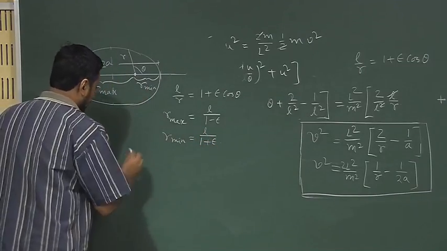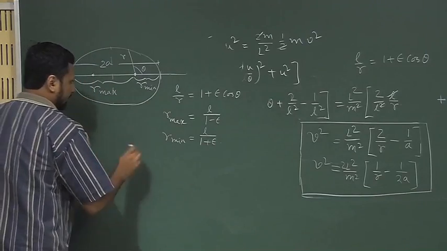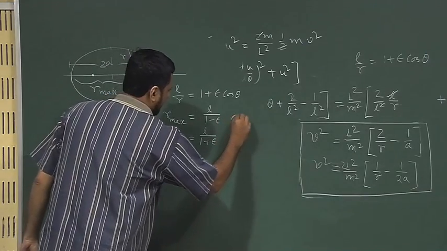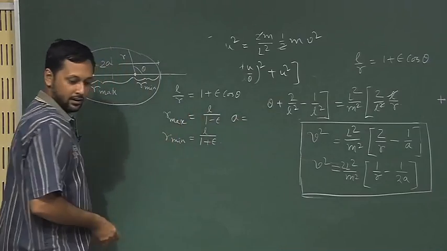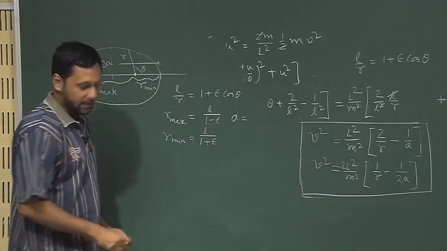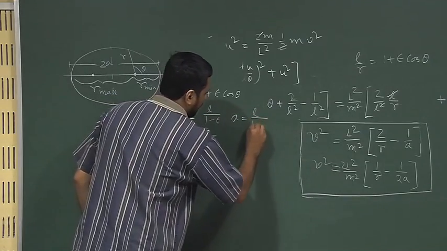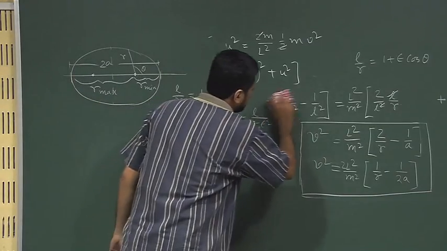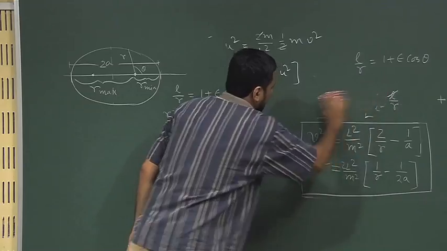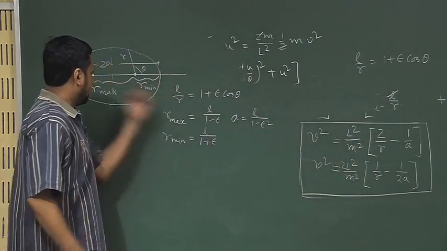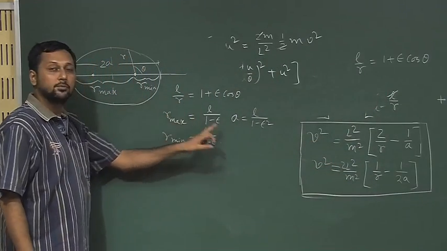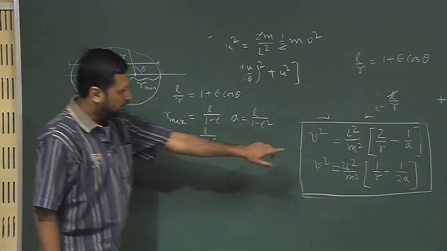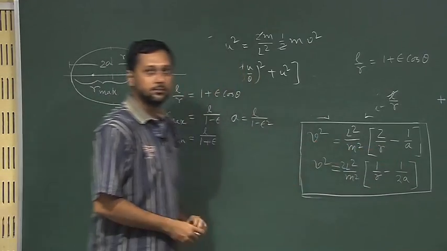And if you recall, a and L are related by a equal to L by 1 minus epsilon square. So, r can never be 2a. So, what is the significance of this 2a here?